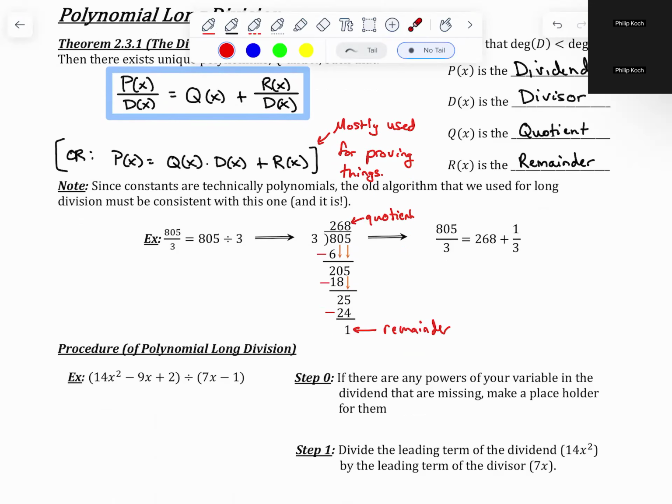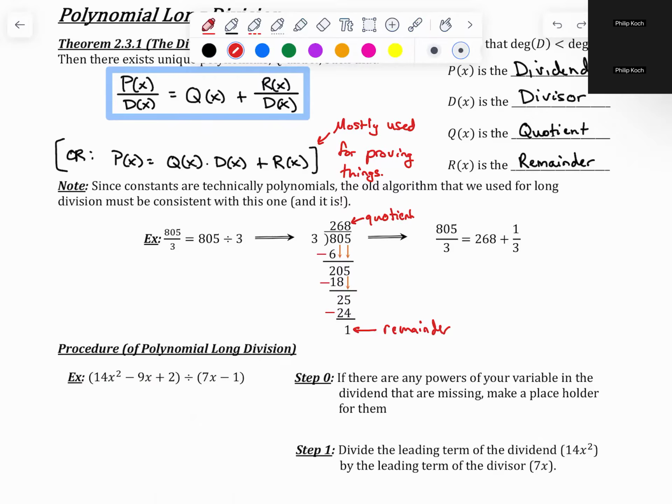But in this one, all the powers of x are present in the dividend. There's an x squared, there's an x to the first power, and there's a constant term. If this was missing, we'd write a plus 0x. But it's not missing, it's there.